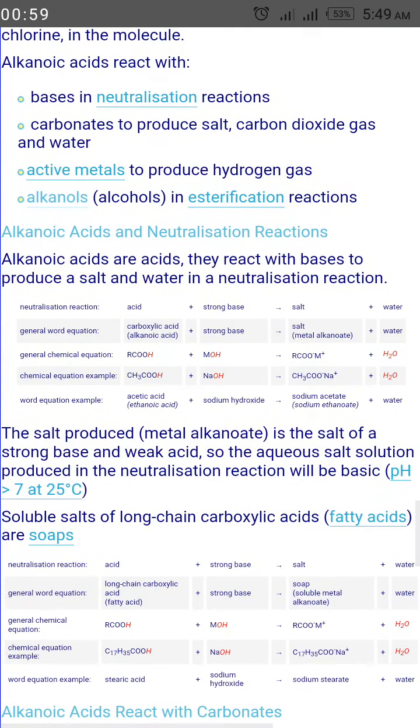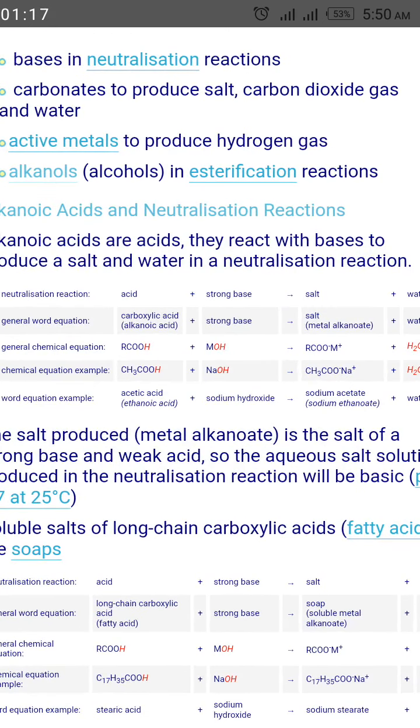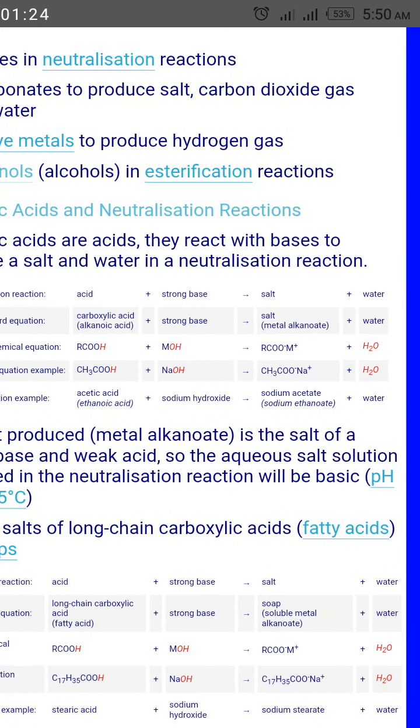Let's look into the alkanoic acid and neutralization reaction. Alkanoic acids are acids. They react with bases to produce a salt and water in a neutralization reaction, right? You can see here that is carboxylic acid reacting with a strong base to give you water and metal alkanoate.